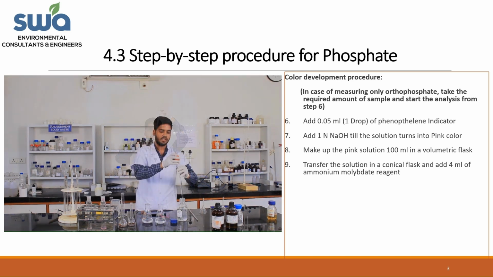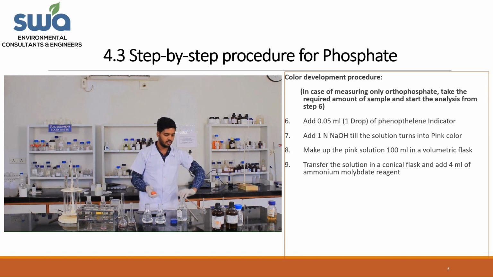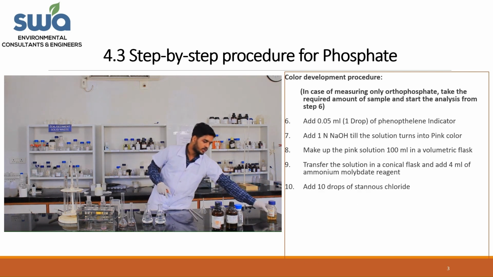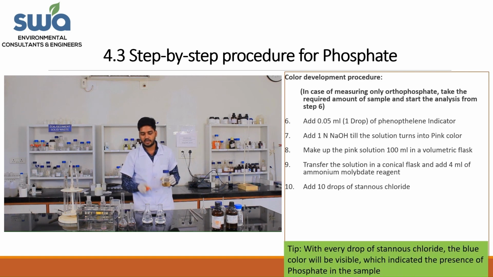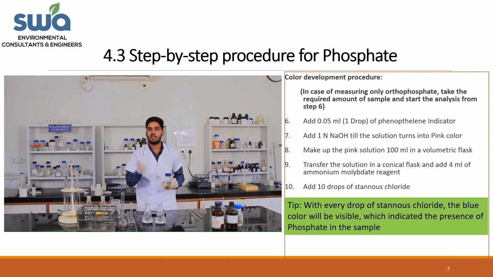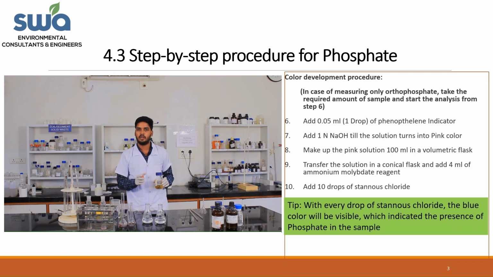Add 4 ml. After adding the ammonium molybdate reagent, add the stannous chloride. 10 drops of stannous chloride into the sample. With every drop of stannous chloride added, blue color starts appearing in the water sample, which indicates the presence of phosphate in the sample.